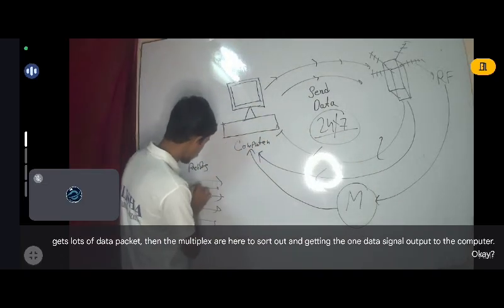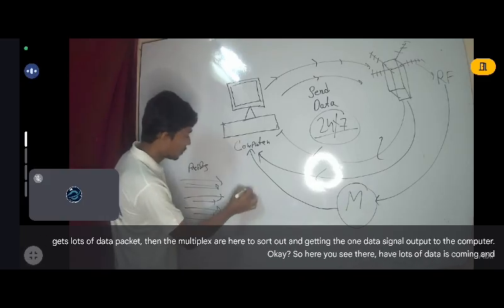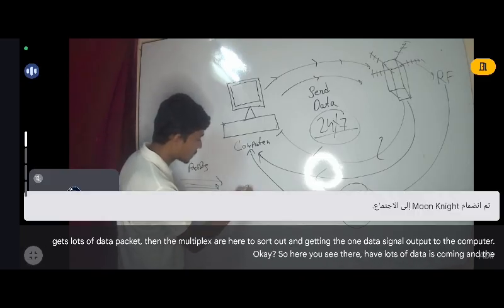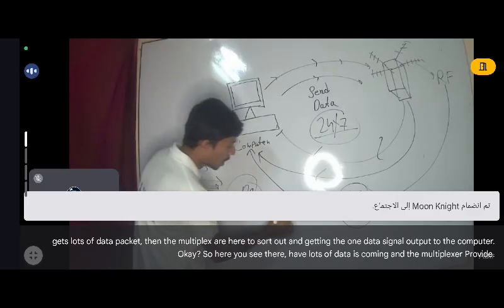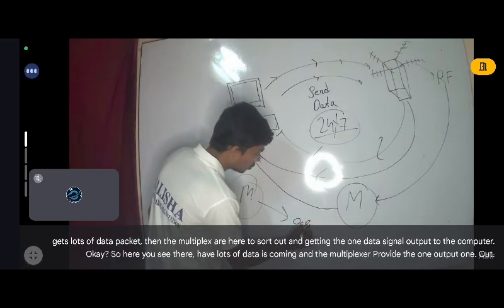So here you see lots of data is coming, and the multiplexer provides the one output.